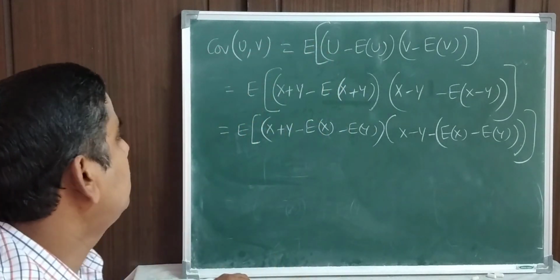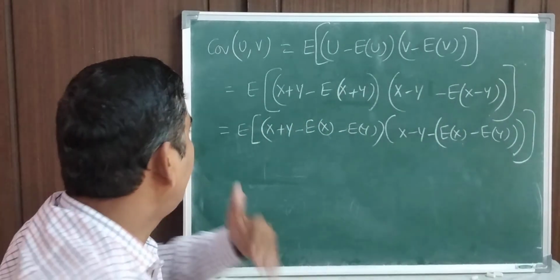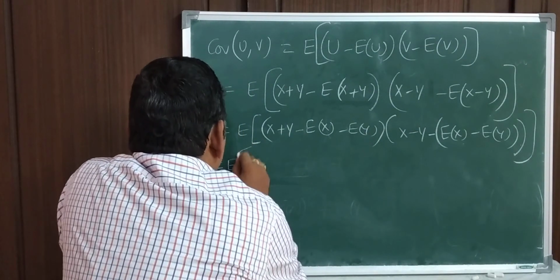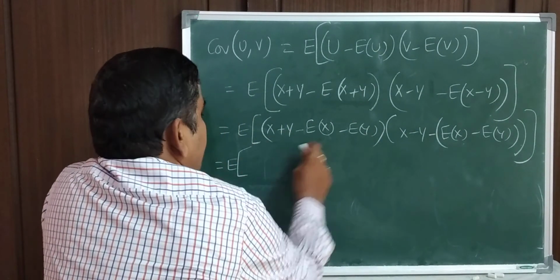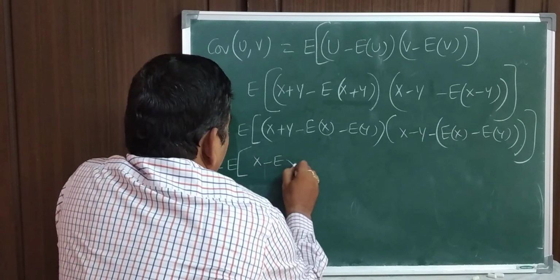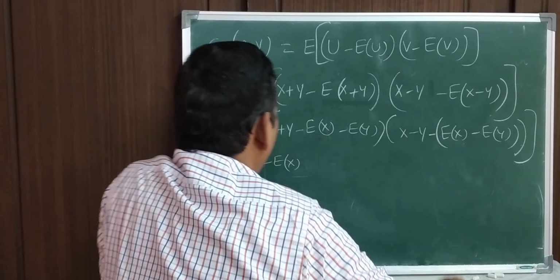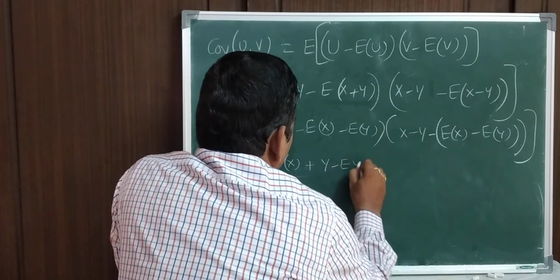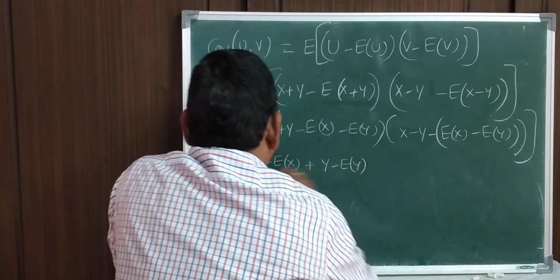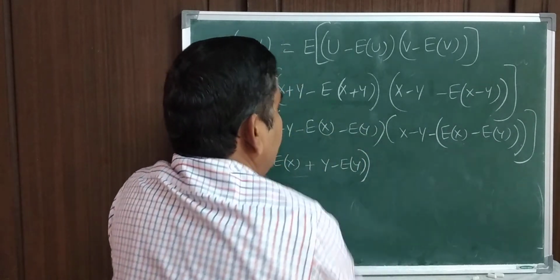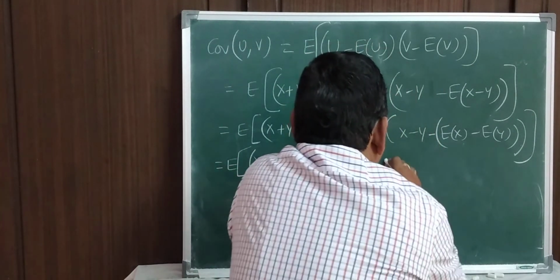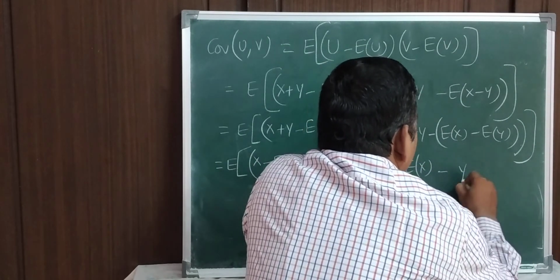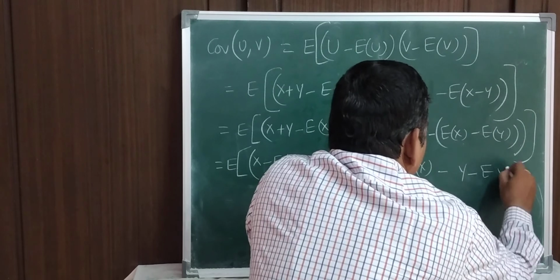Now you consider it in the fashion that all the terms of x are at a glance in one particular term, so that you get x minus expectation of x, as we did in the variances as well, plus y minus expectation of y. This is the first term, and here x minus expectation of x, I take common minus, and y minus expectation of y.